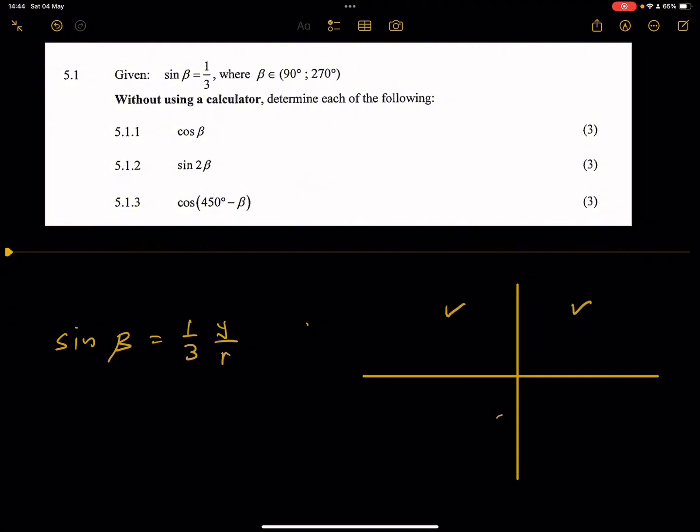But in this case, beta is an element of 90 to 270, so the triangle should be in our second quadrant. That means our y value will be equal to 1, a positive value, and our r value, which is always positive, is 3.